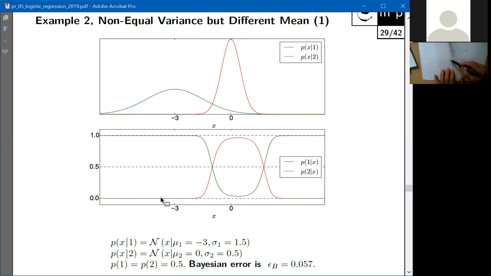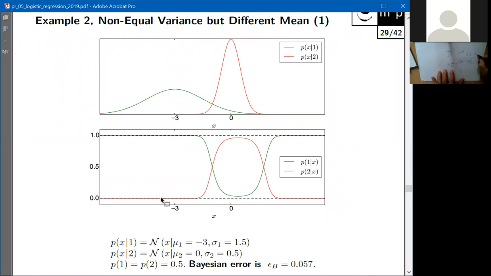And so this will be some logarithm of sigma 2 over sigma 1, some real number, and the logarithm of the exponent will be this part, so it will be minus 1/2 times the function here. But if you look at this function, the quadratic term will be x squared over sigma 1 squared minus x squared over sigma 2 squared.